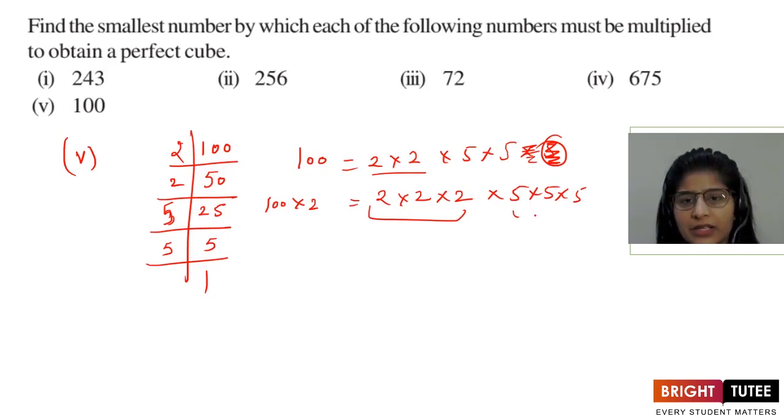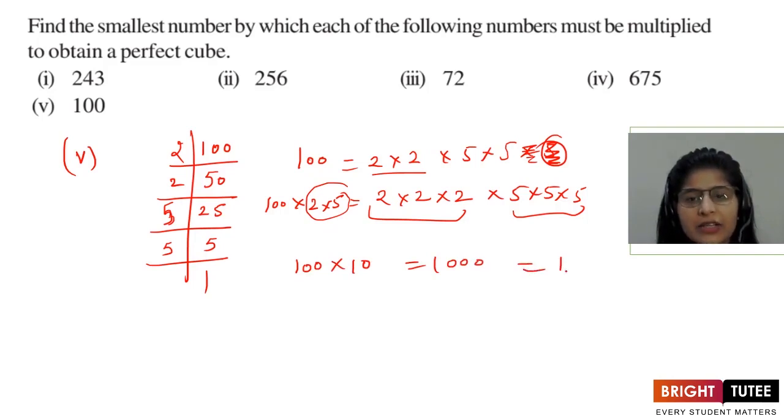Now this is a triplet, so this side also I need to multiply with 5. So what is the number that we are multiplying 100 with? It is 10. So 100 should be multiplied with 10 so that it becomes 1000 and it is a cube of 10. Is that clear? So to make 100 a perfect cube, the smallest number that it should be multiplied with is 10.